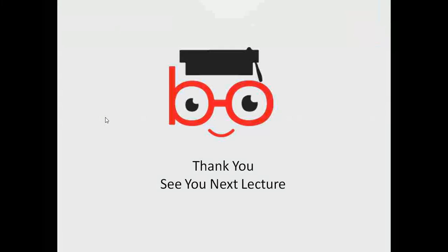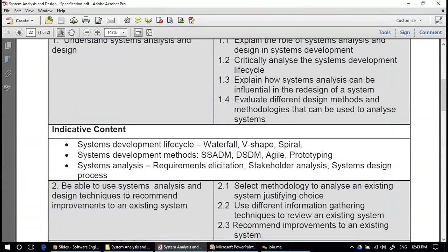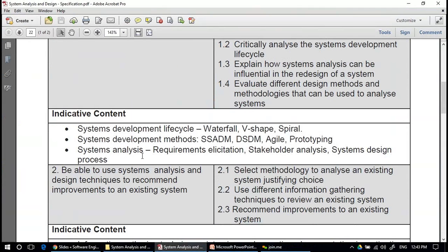So we are almost done. We discussed some core concepts like requirement elicitation, stakeholders, system design, and something about SASD, which is mostly a method used for information system development. Prototyping is where you produce a small sample of the software.